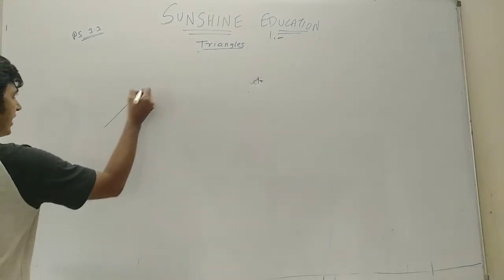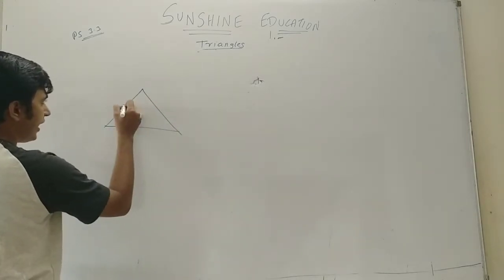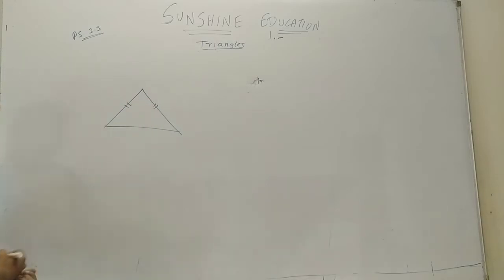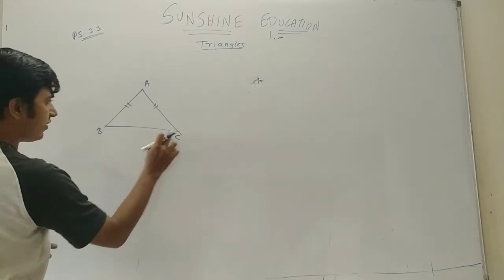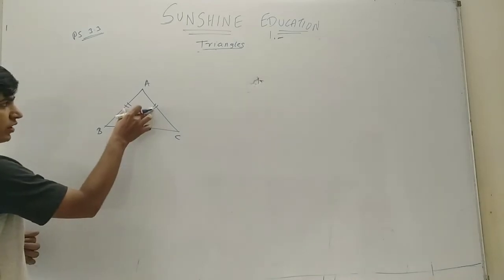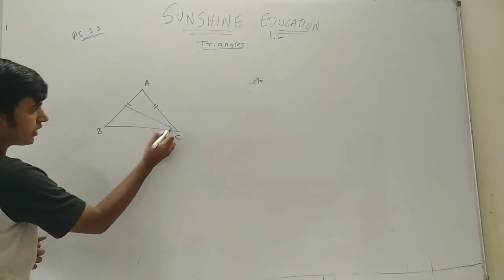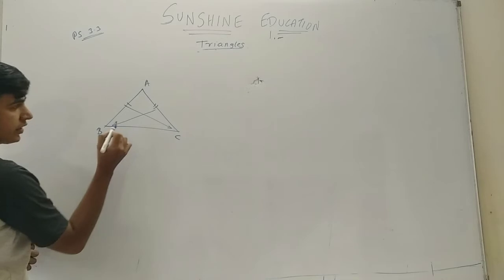Suppose we have a triangle and we have two sides equal. Whenever in a triangle two sides are equal, then the angles opposite to them are also equal.